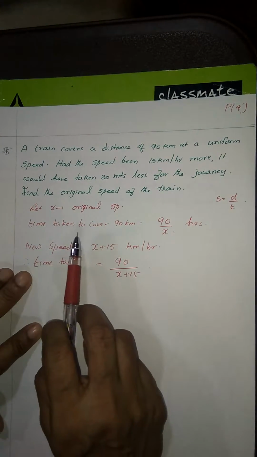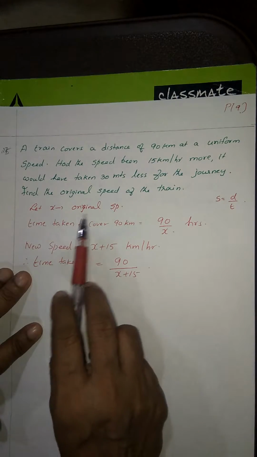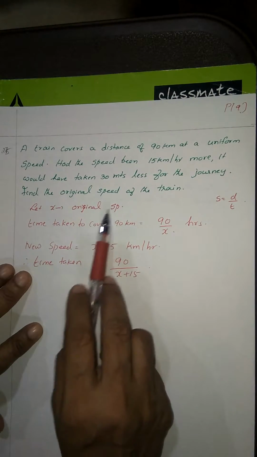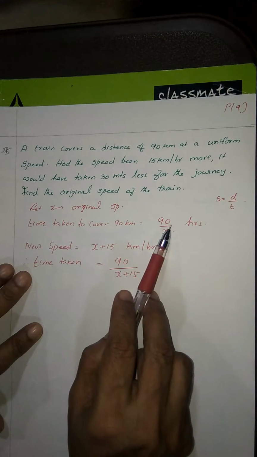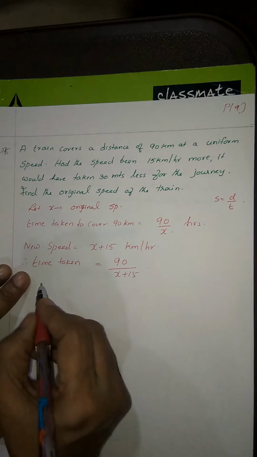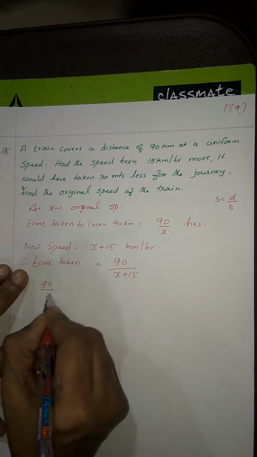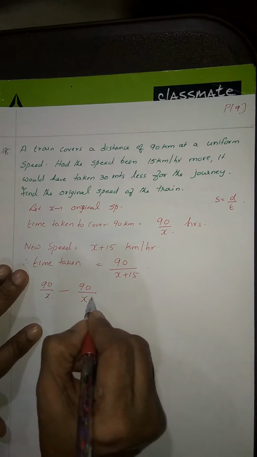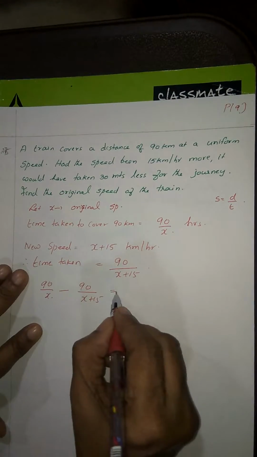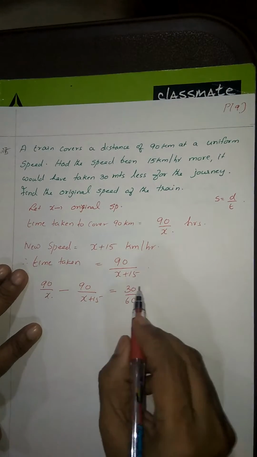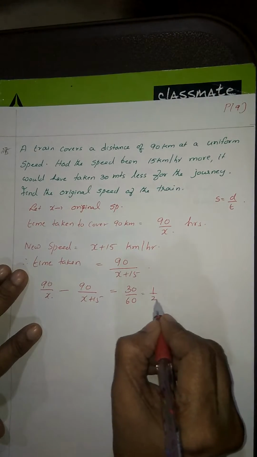The time taken with the original speed will be more compared to the increased speed. So 90 by x minus 90 by x plus 15 is equal to 30 minutes. We have to convert it into hours, so 30 by 60 is equal to half.